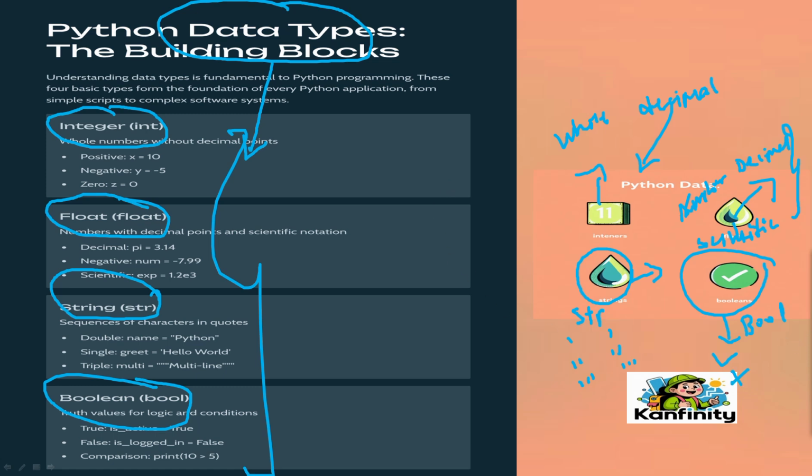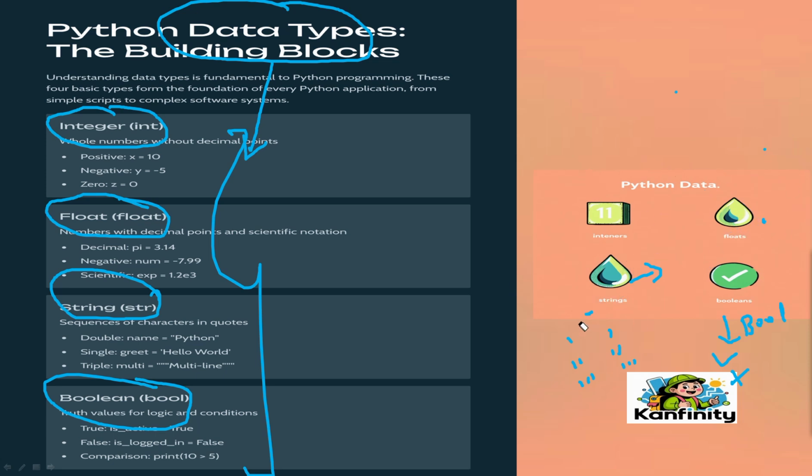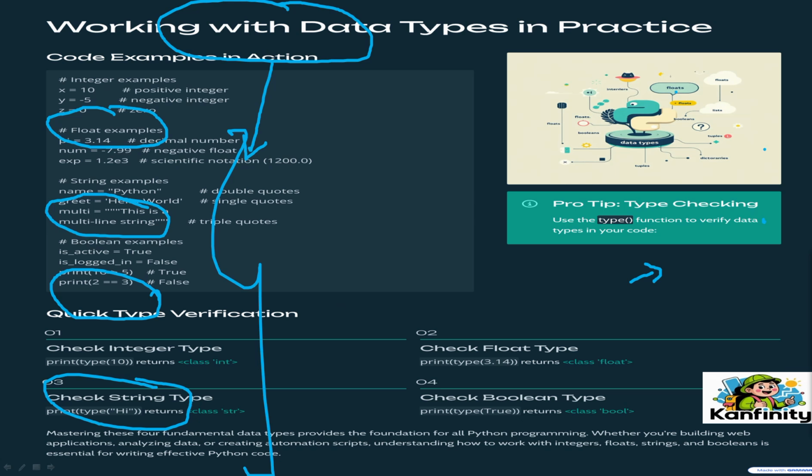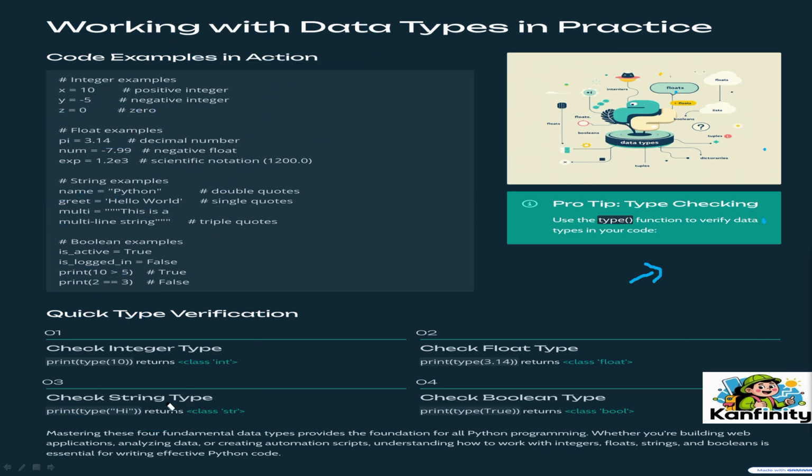Okay, depending on these data types, I'm going to show some examples. That means how the data types are represented in Python. Here I have one example. We can see the examples of data types. We already had a discussion of those data types.